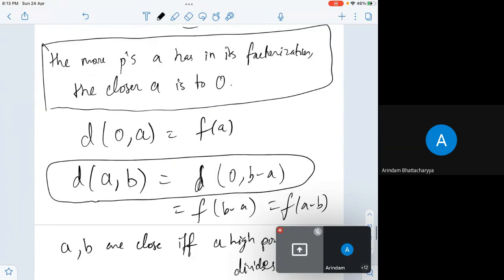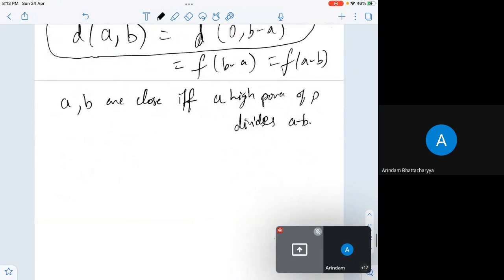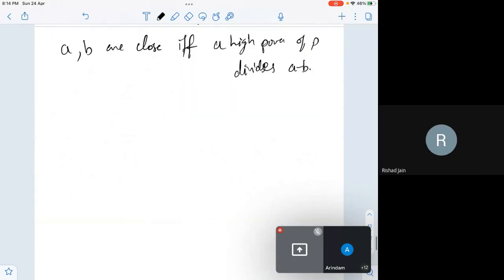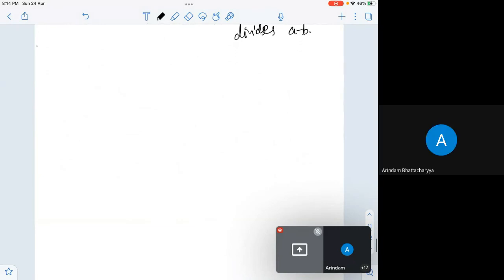I just translated this statement. Okay. Great.